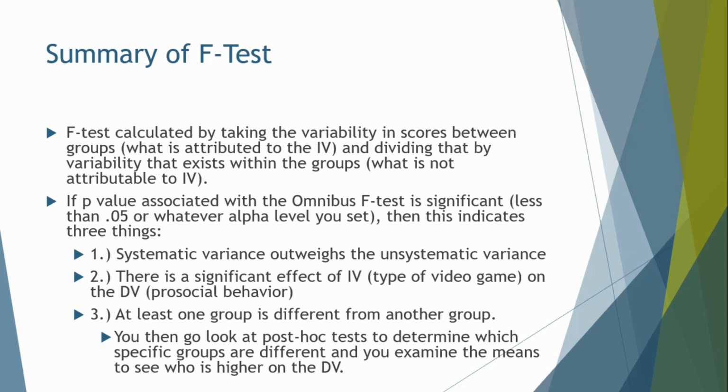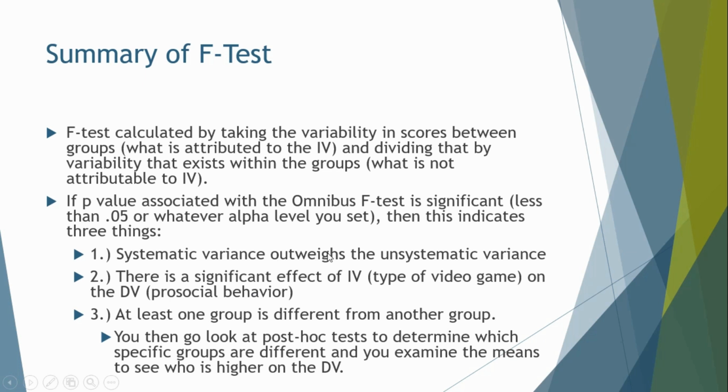So when you get a significant F test, so when the p-value for your F test is significant, it tells you 3 things. At the most basic level, it's telling you that that IV that you're looking at, so type of video game, has a significant impact on your DV, prosocial behavior.